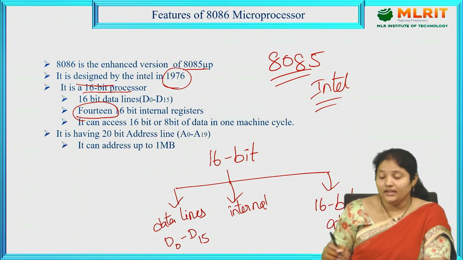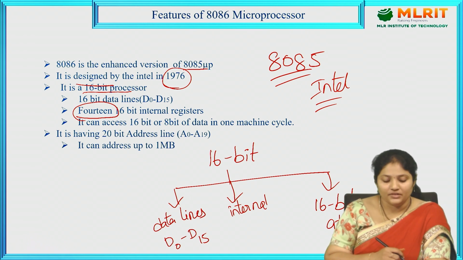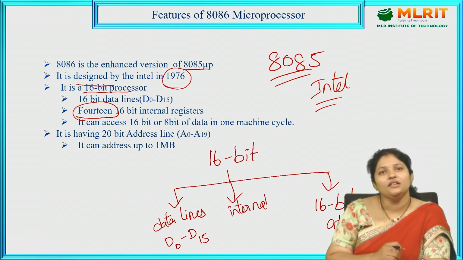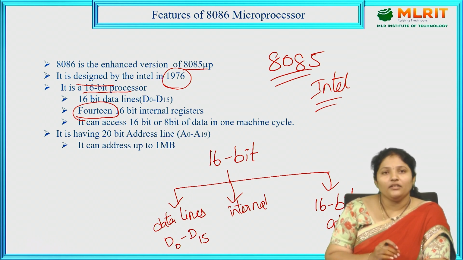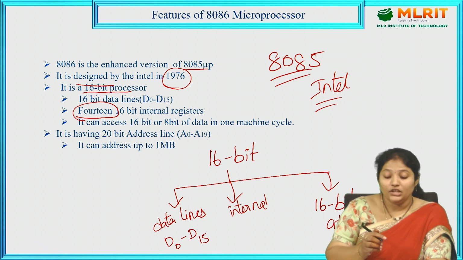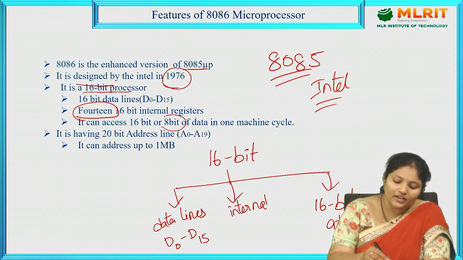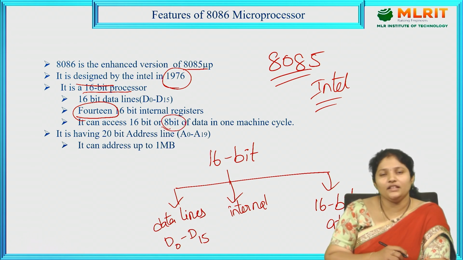So basically 8086 is a 16-bit processor because it supports 16-bit data lines. It has 16-bit internal registers to store intermediate values, and it can access 16 bits of data in one machine cycle. Using this 8086 microprocessor, you can also fetch 8 bits of data: out of the 16 data lines, you can use 8 data lines to fetch 8 bits of data in one machine cycle.